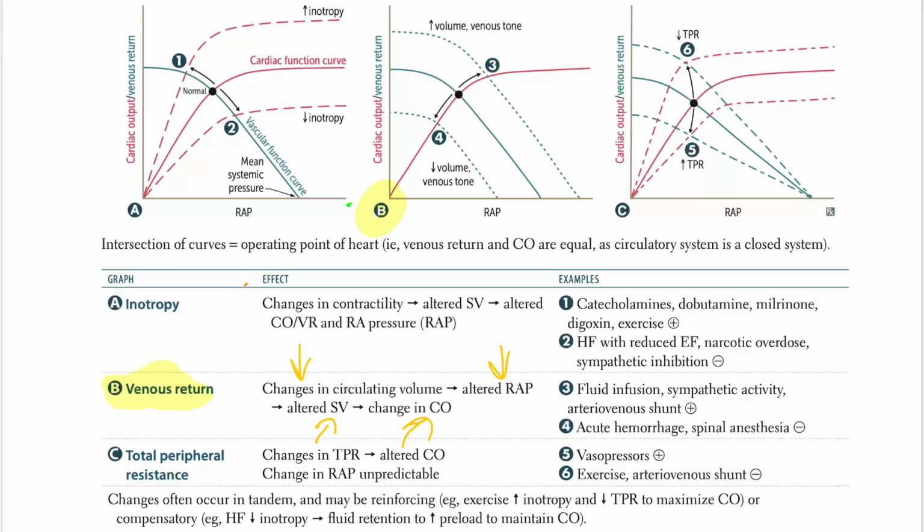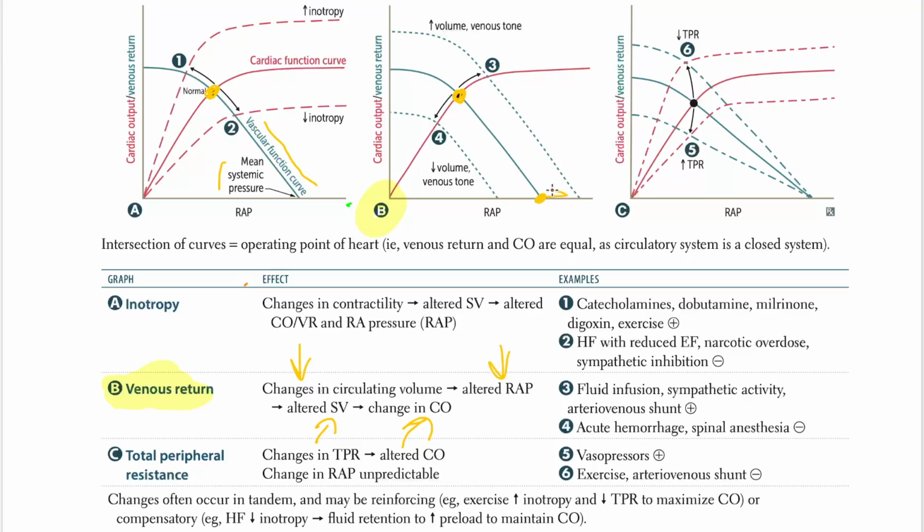So in the first, inotropy, we were looking at this graph, right? Like up and down. Now we're looking at the venous vascular function curve. This one. So what would increase or decrease the vascular function curve, which would change the mean systemic pressure?